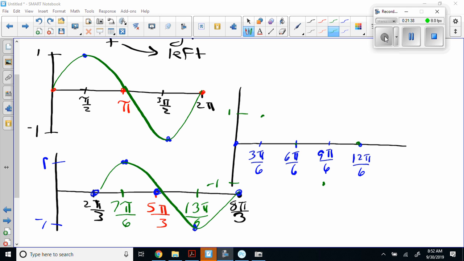Okay, y'all good? Because we're in fraction mode, man. It's scary. Anyway, now.